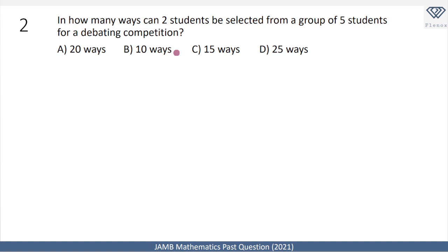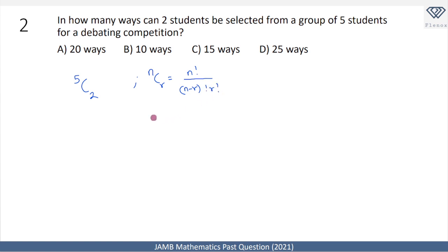So now this is a combination problem, and essentially since we're selecting 2 out of 5, this is just going to be 5 combination 2. Now if you remember the formula for combination for any general case, the formula is n combination r is equal to n factorial over n minus r factorial, then r factorial.